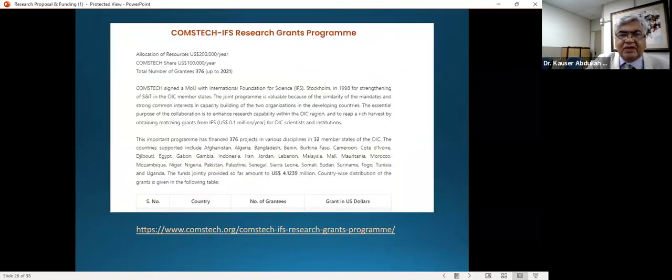These are all small grants, you see, in every area, and all over the Muslim world is eligible to apply for those.